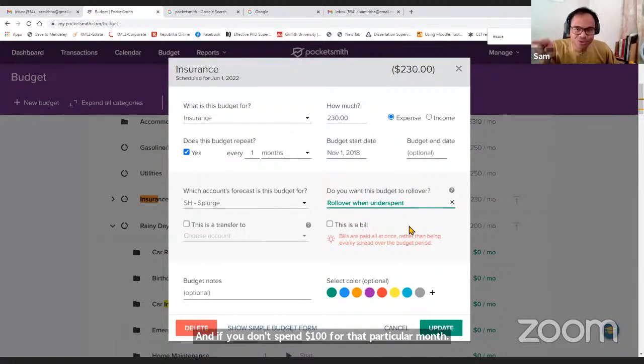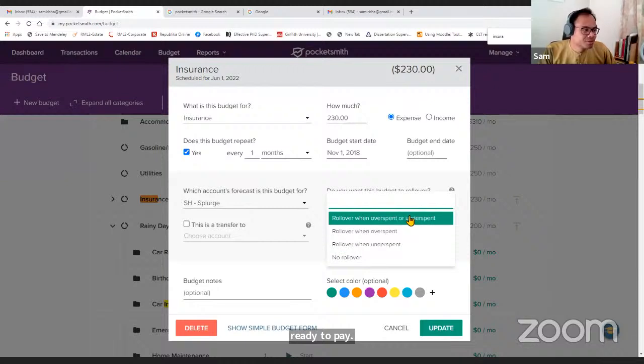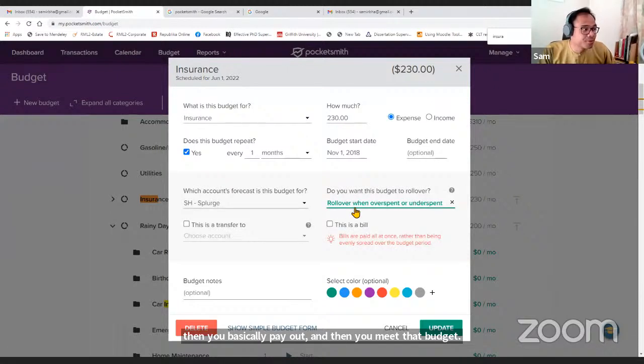And it increases to $200 the next month, and $300 the next month, and then $400 and then $500, right? Until you get to the point where you are ready to pay it, and then you basically pay out, and then you meet that budget. So definitely click roll over when overspent or underspent. Don't just do it for underspent or just overspent alone, because the timing really differs, right?